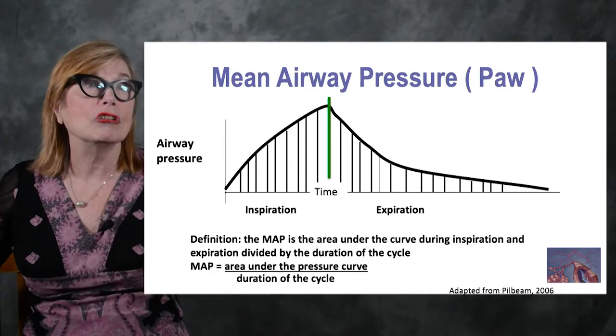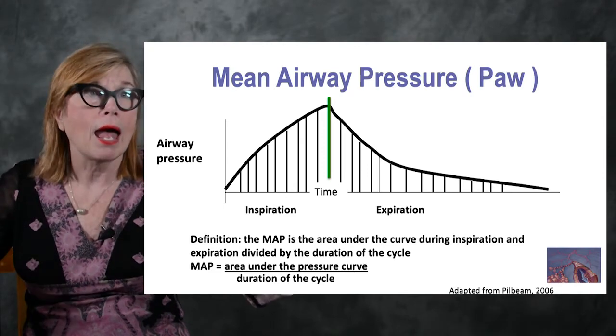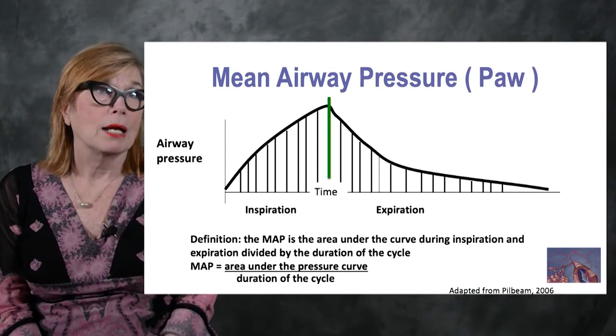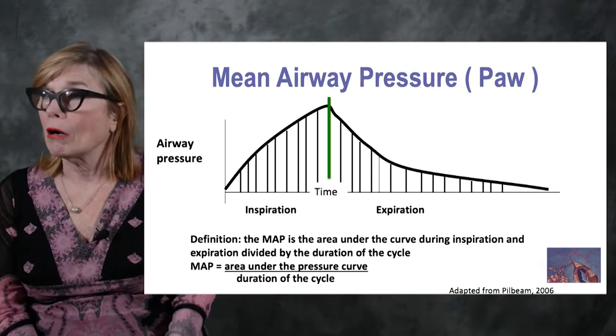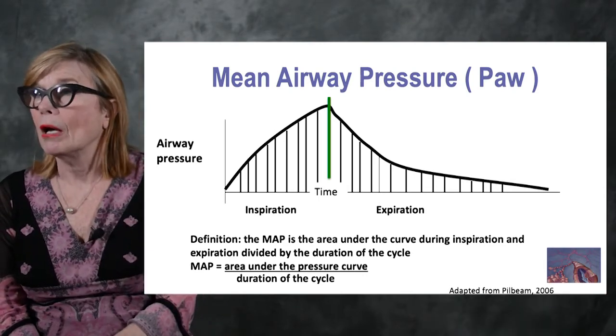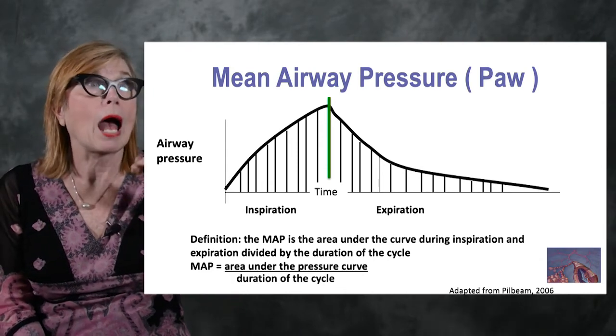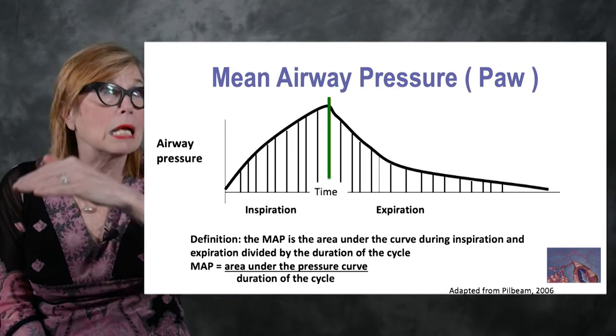One full cycle of in and out. The mean airway pressure is typically what drives our application of PEEP, our application of high pressure and APRV, our application of CPAP or EPAP.